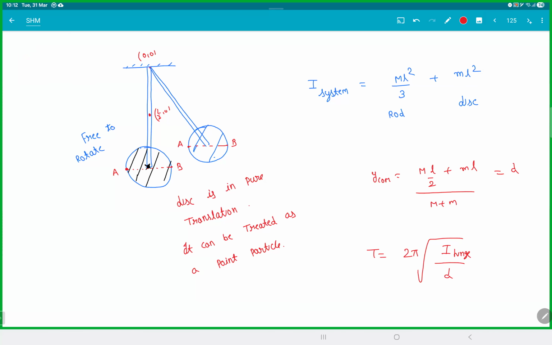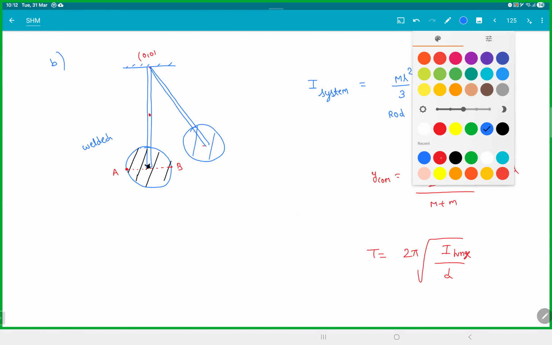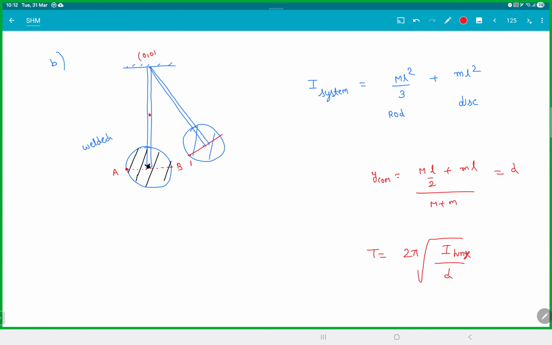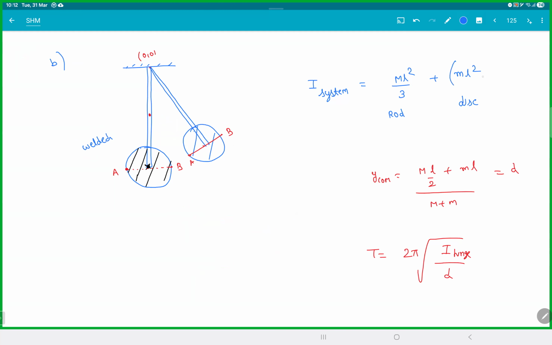Now in the second part, now you have welded it there. If you see, the AB part is also rotating, so you get extra ml square plus mr square by 2.